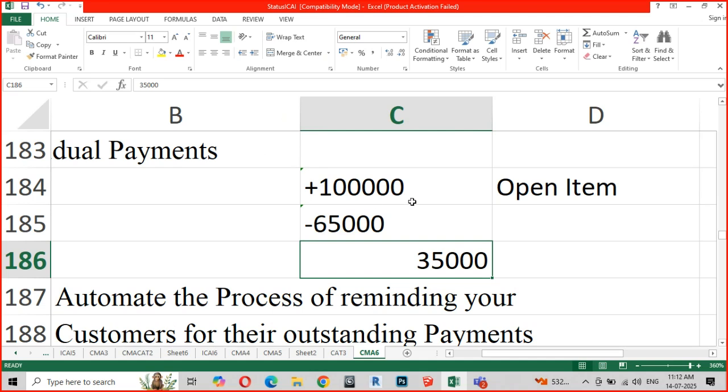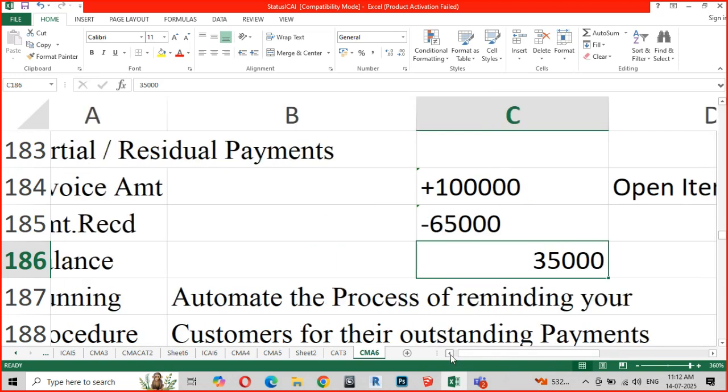Customer account debit to sales, that is the entry. That is why 1 lakh is showing as a plus, and 65,000 rupees is the receipt. I've written it down on the left: the amount receipt.